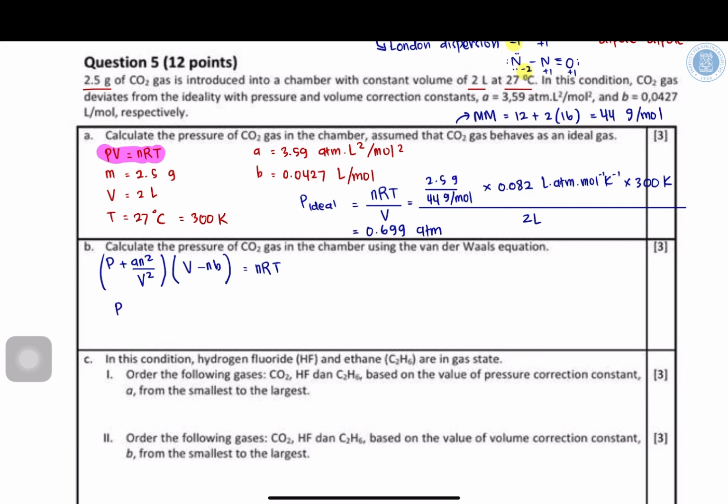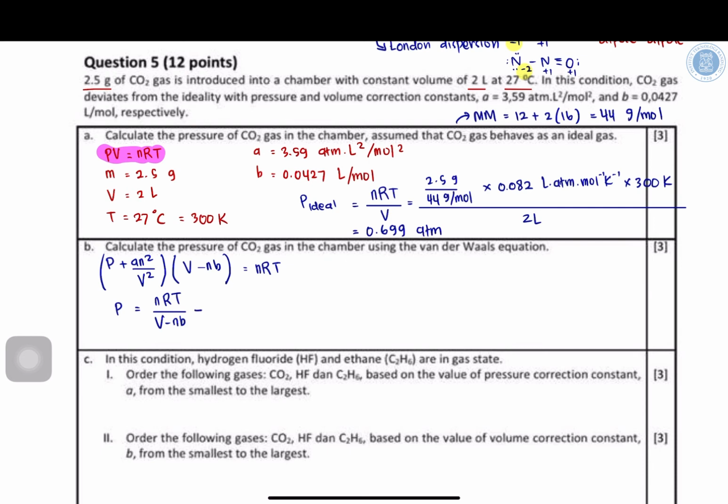So we have here nRT divided by the volume minus nb, and then we are going to reduce this pressure with the correction constant a multiplied by n squared divided by V squared.